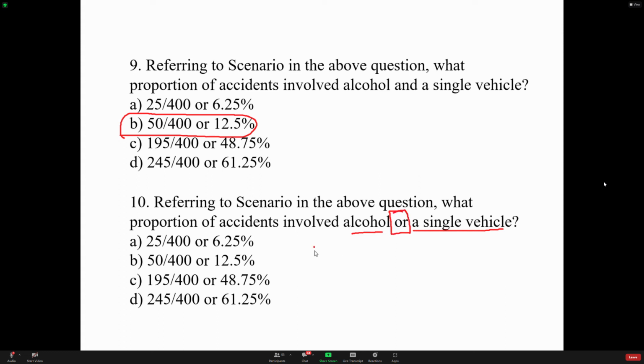You have to add the probability of alcohol, so probability of alcohol plus probability of single vehicle, minus probability of alcohol and single vehicle.